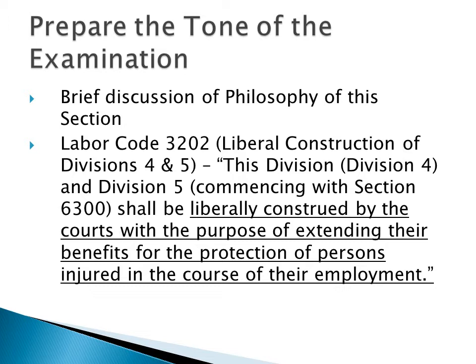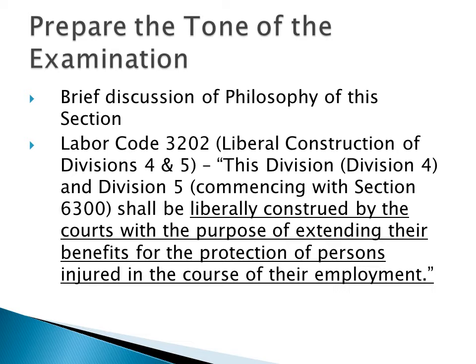So Labor Code 3202 states, quote, this division, and it's referring to Division 4, meaning this division. Labor Code 3202 comes out of Division 4, so the code says this division, meaning Division 4, and Division 5, parenthesis, commencing with Section 6300, unparenthesis, shall be liberally construed by the courts with the purpose of extending their benefits for the protection of persons injured in the course of their employment.